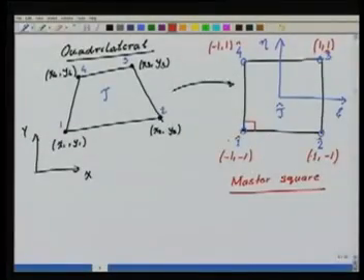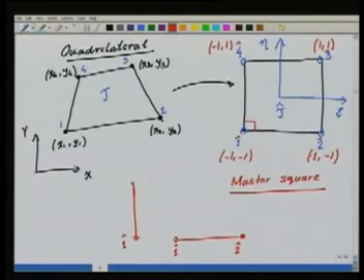Now, how do I define the shape functions with the master element? Very easy. You see the master element has edges which are perpendicular to each other. So I will take these edges out, with the nodes 1 hat, 2 hat, 1 hat and 4 hat. And then on these edges I can redo the whole job as I had done earlier.